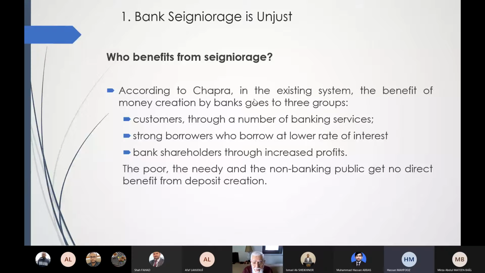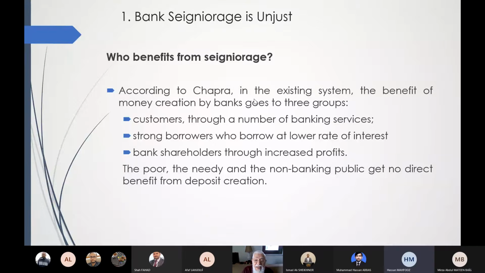Then they borrowed. It's not strong or weak. If they borrowed, they borrowed. And if they don't borrow, maybe strong individuals, you may say, who can borrow from banks, but that is then included in customers of banks, whether they are depositors or beneficiaries of the financing of the banks. So customers of banks and bank shareholders.